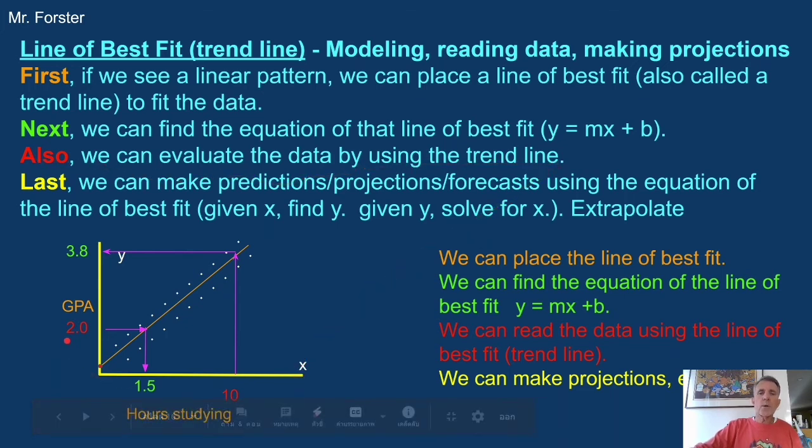If you have a 2.0 GPA, bingo, we come over here. How many hours of studying did you do? 1.5 hours of studying. What if you do 10 hours of studying, and what will your GPA be? It says 3.8. These are just examples of using the trend line.